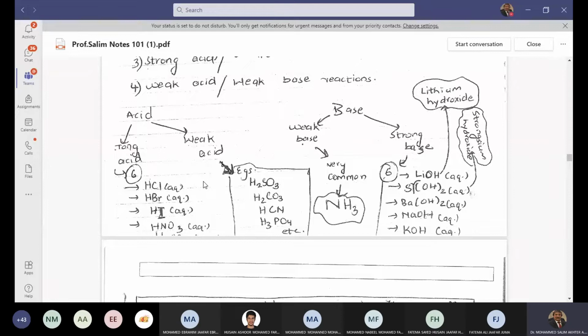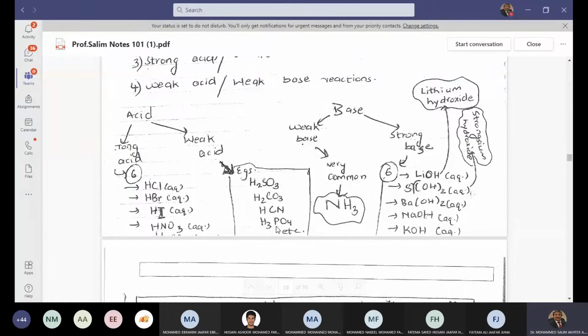Please make sure that you know the names of 6 strong acids. Those weak acids are sulfurous acid, carbonic acid, HCN and H3PO4.